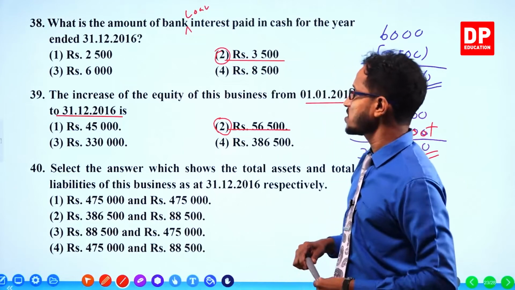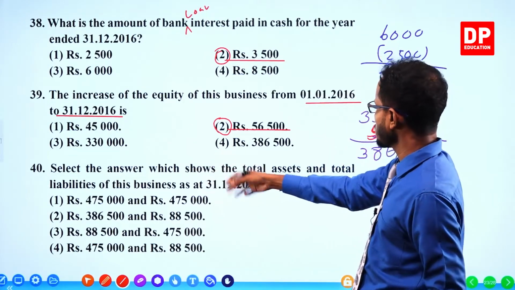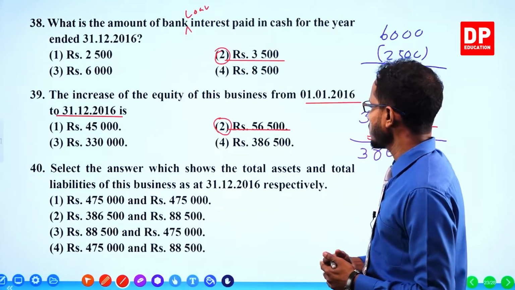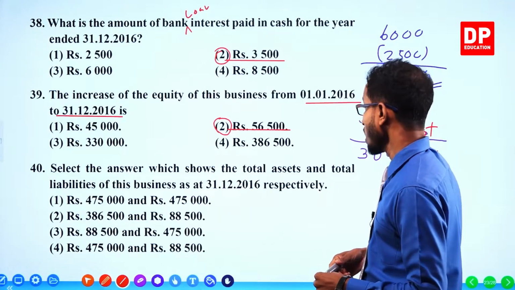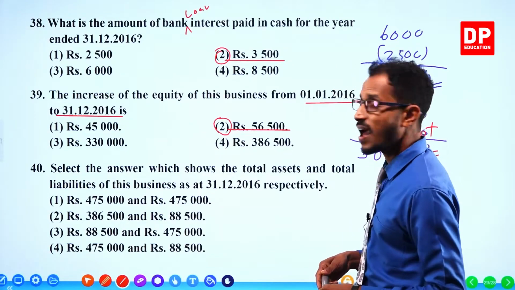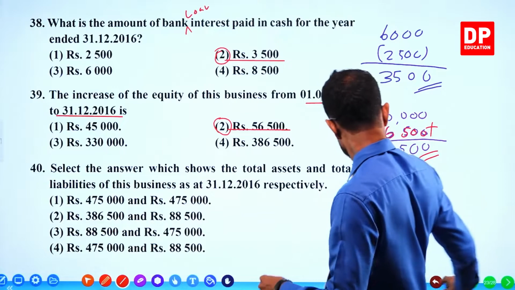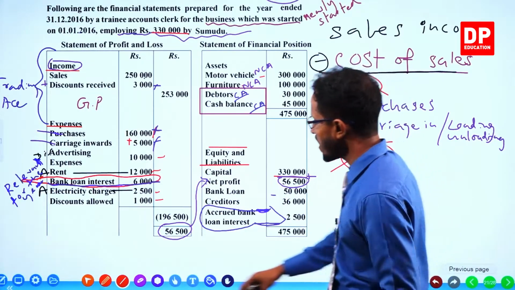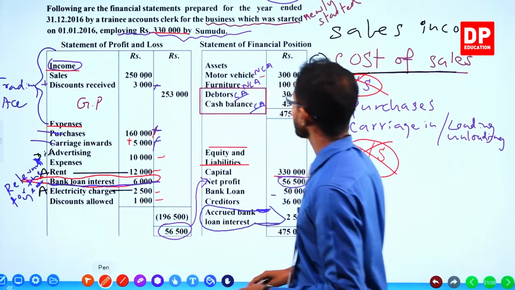Last question of this paper. Select the answer which shows the total assets and total liabilities of this business as at 31st December 2016. Total assets and total liabilities. Let's see. We have all the assets together as one list.